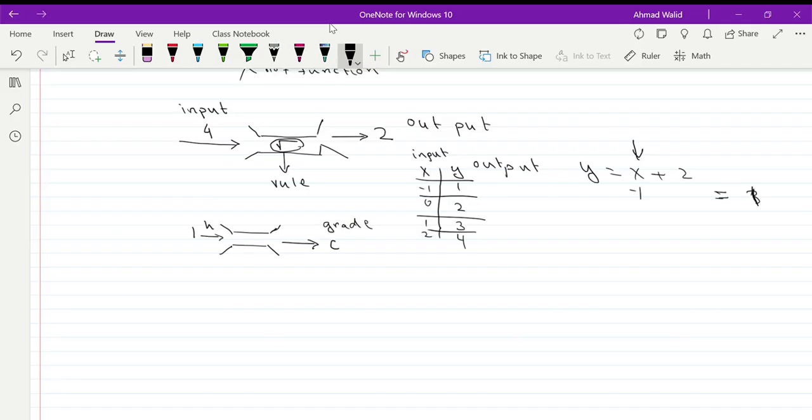Hopefully no one does this. I study 5 hours per day. Oh, I'll end up with A+. Output is a good grade, the highest grade in the class.